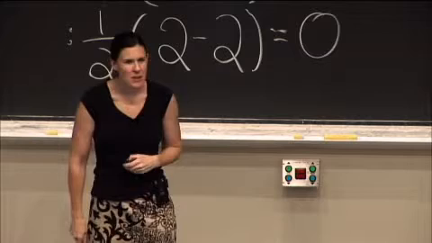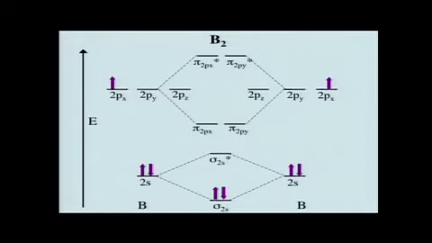So we can start at the bottom, 2 electrons in sigma 2s, 2 electrons in sigma 2s star. Now we need to jump up to using these pi orbitals. And what we're going to do is put 1 electron into each of our pi 2px and 2py orbitals. So again, you can see as we're filling up our molecular orbitals, we're using the exact same principle we used to fill up atomic orbitals.